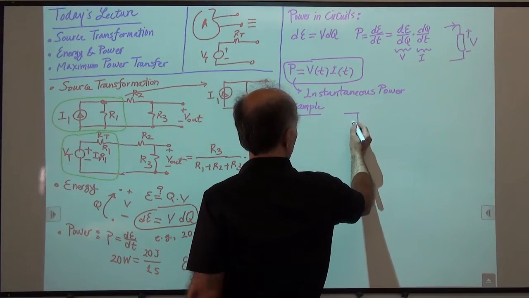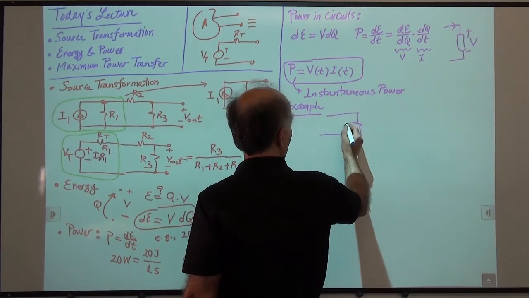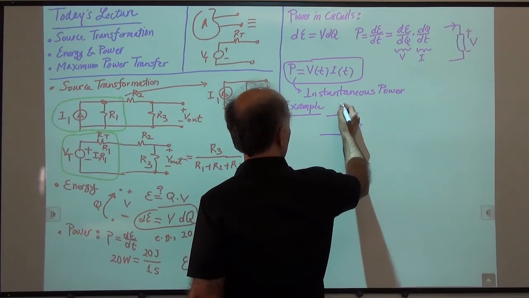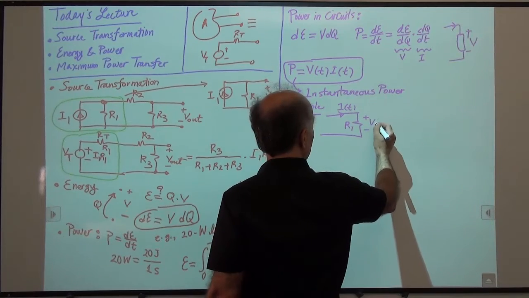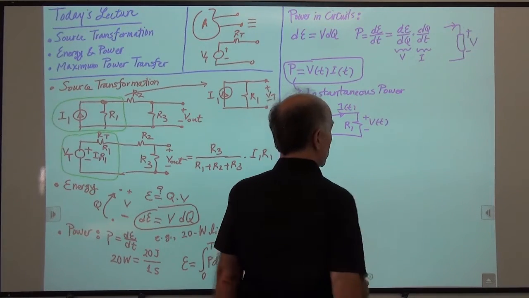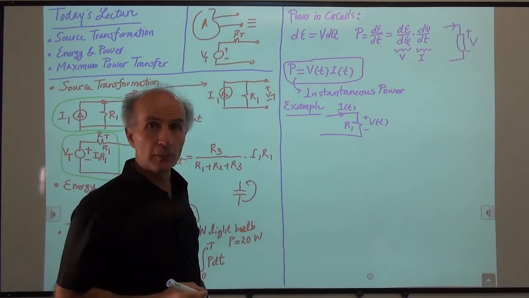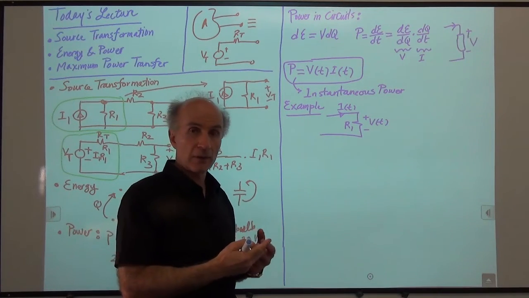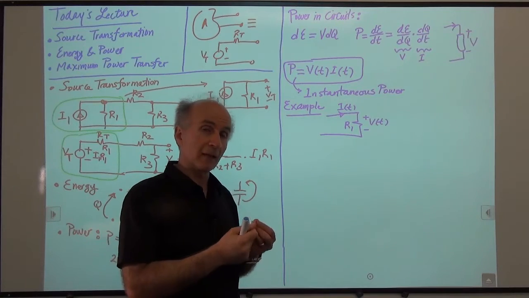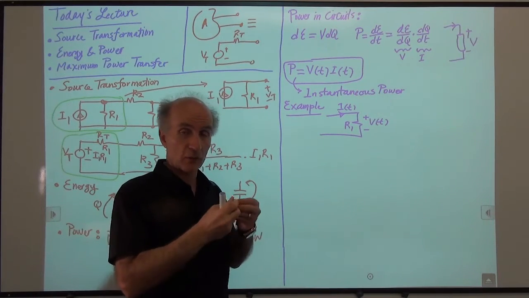So let's look at an example. We have a resistor here given by R1, there's a current I of t, and there's a voltage V of t, and we want to find the power consumed by this resistor. You know that when current passes through a resistor, the resistor takes that power given to it and converts it to heat. So the resistor gradually warms up.